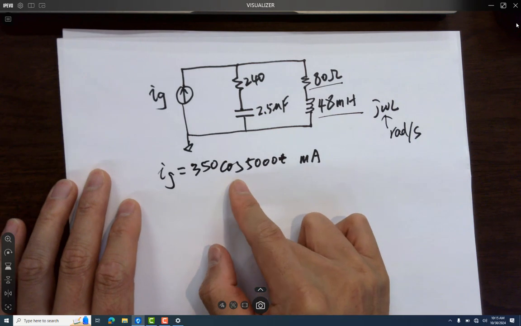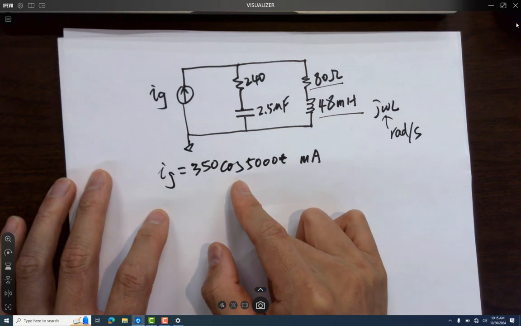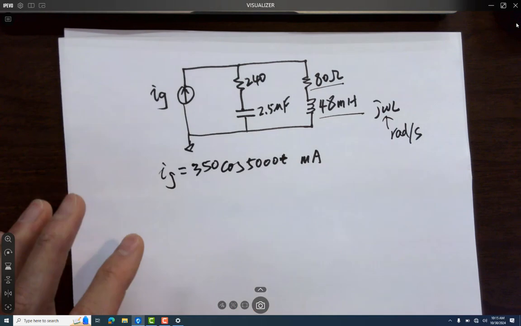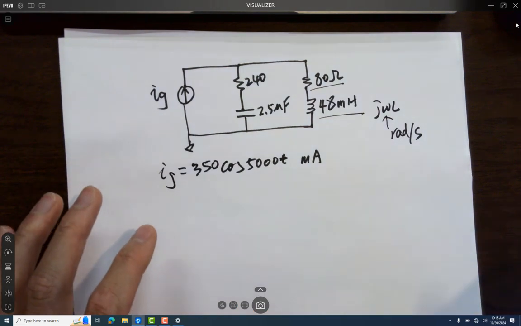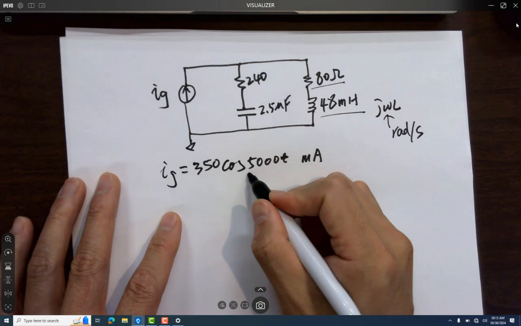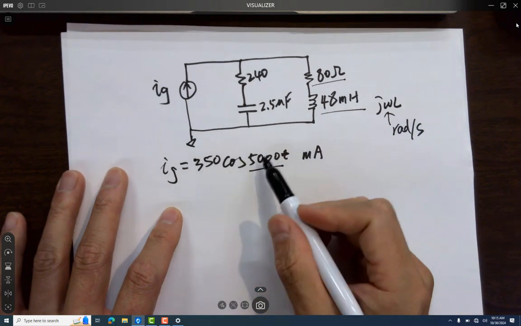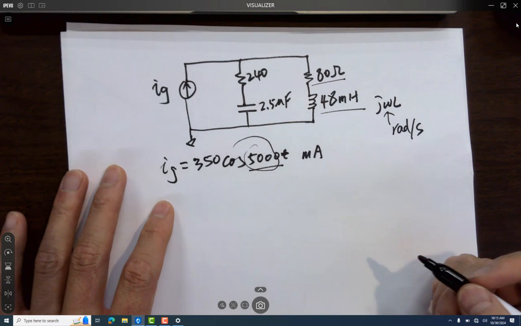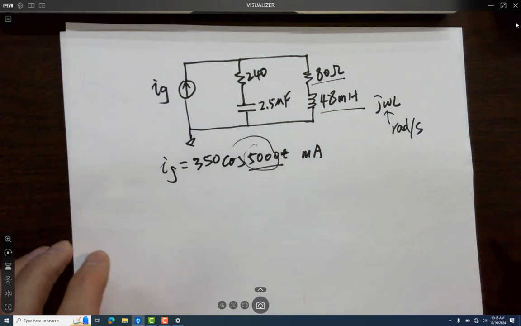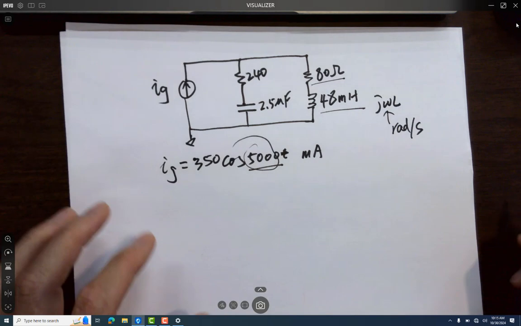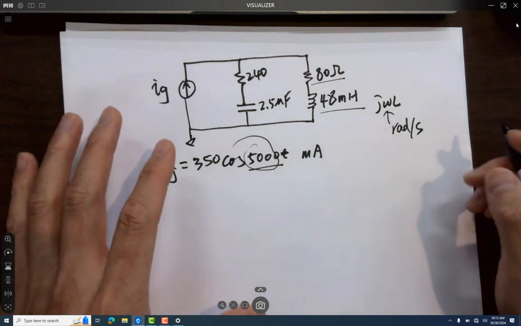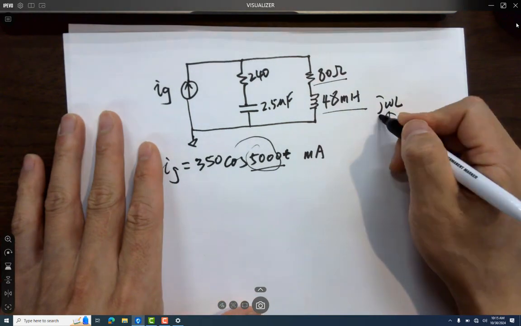People will just say it's a sine wave, sinusoidal, even though it's a cosine. So what's omega? It's 5000, because this is cosine omega t. So this is omega, radians per second. What is radians? Watch Monday's recorded video on YouTube. Definitely watch it.